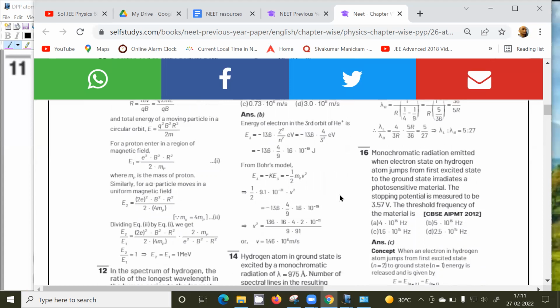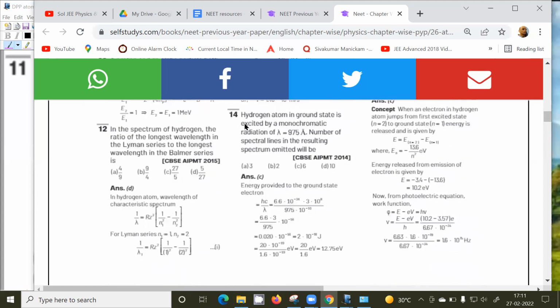This one: hydrogen atom in ground state is irradiated by radiation of this wavelength. The number of spectral lines in the emitted spectrum will be? So you understood this question? Yes, sir.